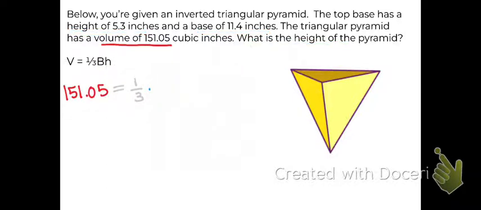And that's because the area of the base, so in this case, the area of this triangle here, the formula for the area of a triangle is 1/2 times the base of the triangle times the height of the triangle. So we're just using the words base and height in different ways here, in two different formulas that we're using to find the answer to the same question.